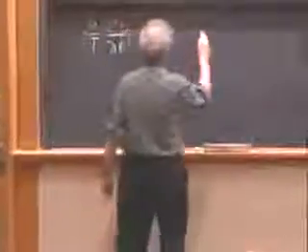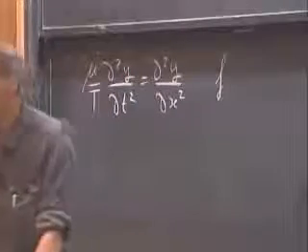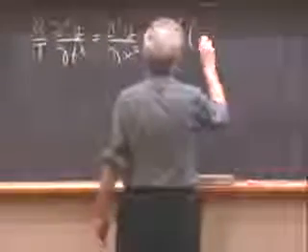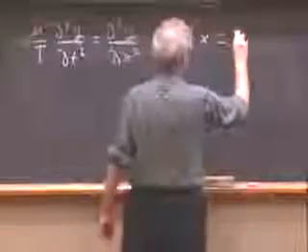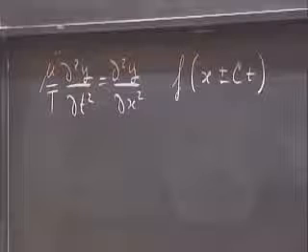Any single-valued function, you can come up with any one, I don't care which one, any single-valued function of x plus or minus a constant times t will satisfy this differential equation. Just look at it. You can see immediately that it works.